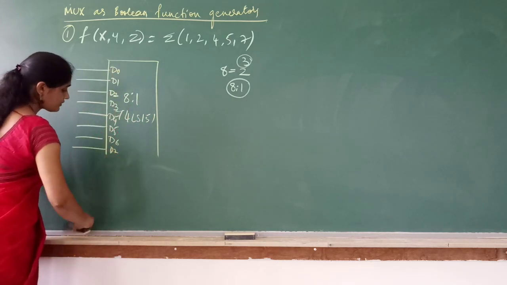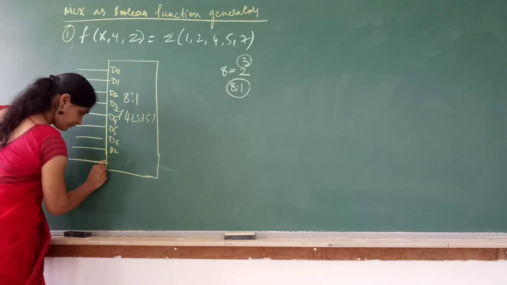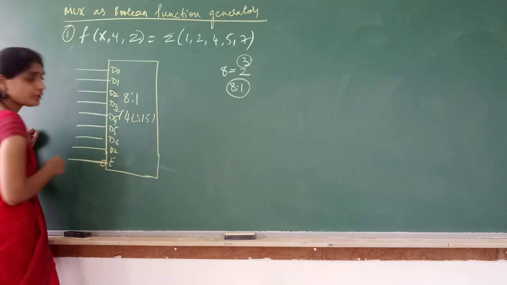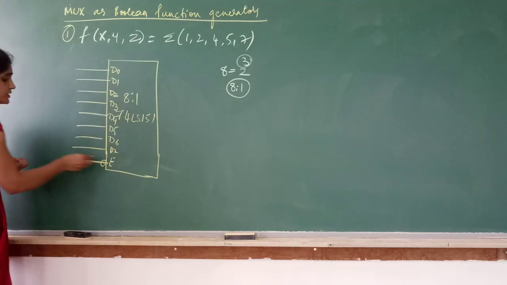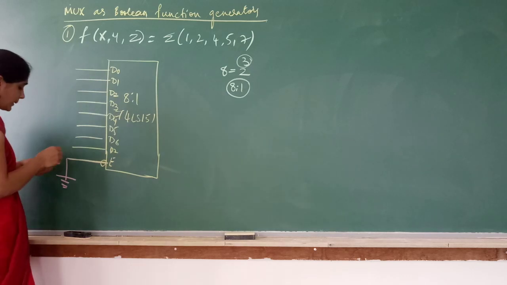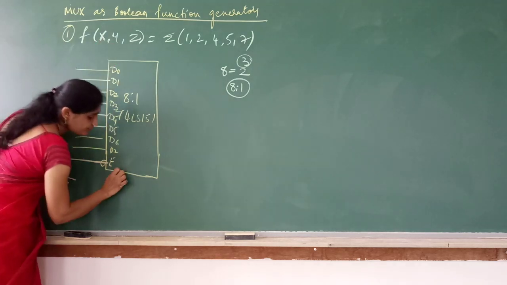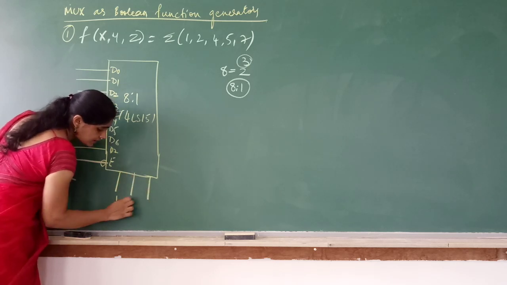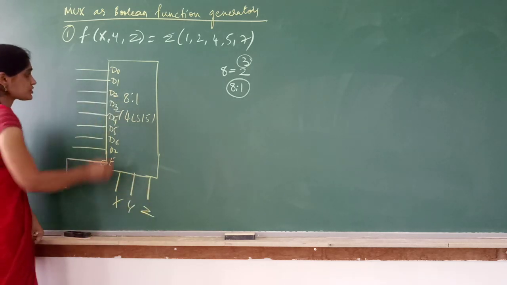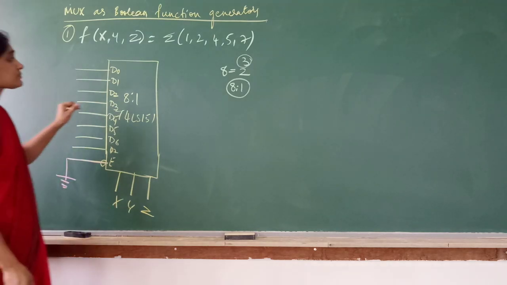Let me write the enable input also, which is active low. So in order to use the IC, I must connect the enable input always to ground. And how many select inputs do we have? 3, X, Y, Z. So X, Y, Z are the select inputs, and these are the data inputs.